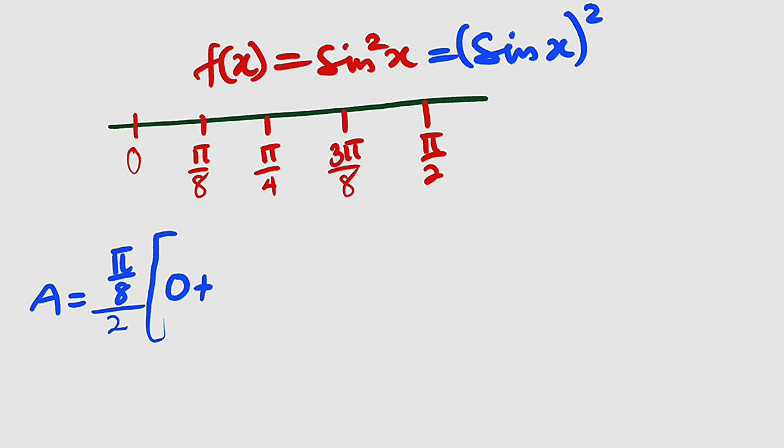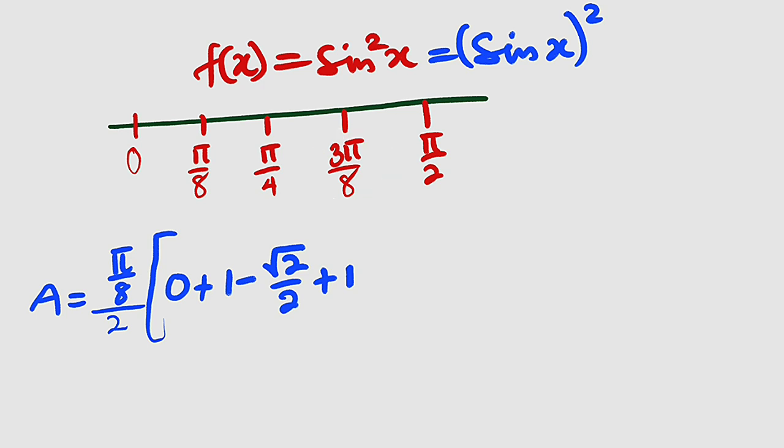So let's do that. Sine squared pi over 8 will give us 2 minus root 2 divided by 4. And if you multiply that by 2, you're going to get 2 minus root 2 divided by 2. Then you move to this one. Sine squared pi over 4 will give us 1 over 2, and if you multiply 1 over 2 by 2, you're going to get 1. Then you move down to this one.